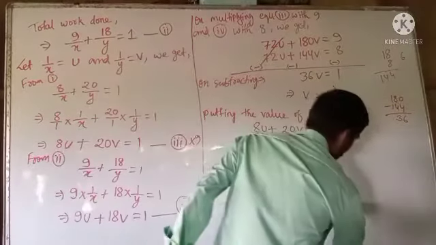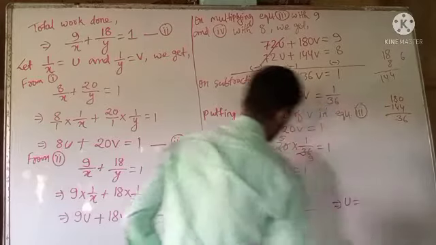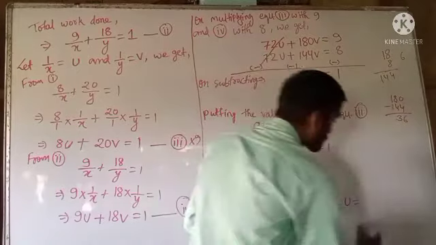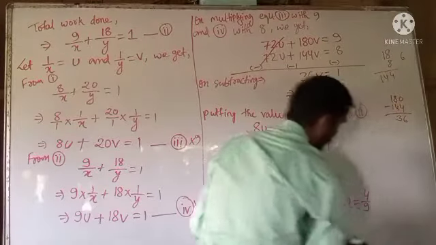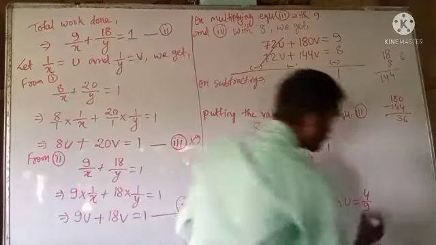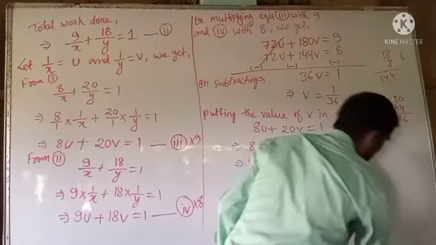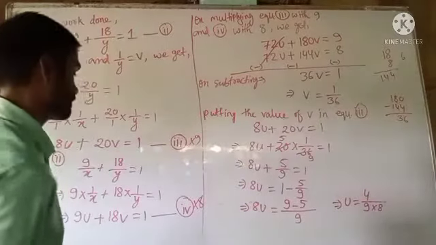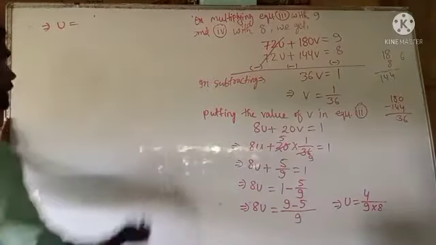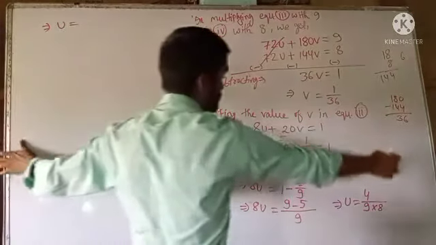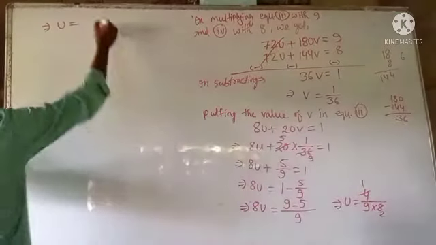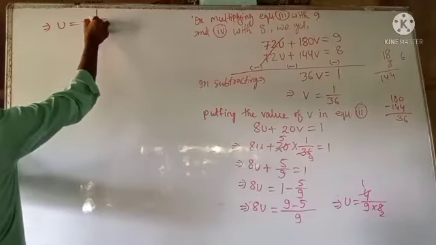So 9 minus 5 is 4 by 9, and 8 when we are transferring on the other side, multiplied will change into divide. So u is equal to 4 by 9 divided by 8. 4 and 8 we can cancel it, so we got here 1 by 18.